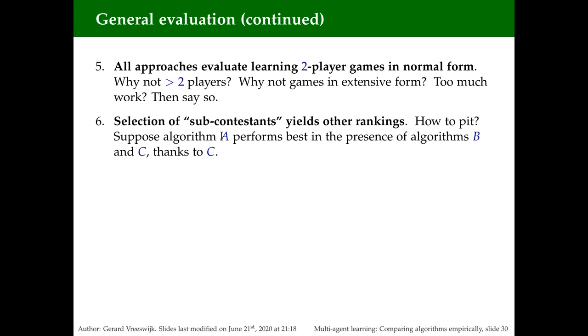A particular example of this is Old Effect, which performs best in the presence of tit for tat and all cooperate. But if all cooperate disappears from the stage, then suddenly Old Effect performs very badly against tit for tat.